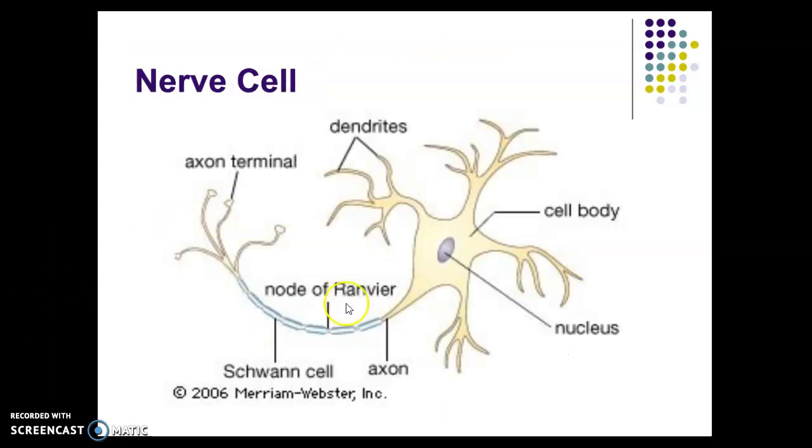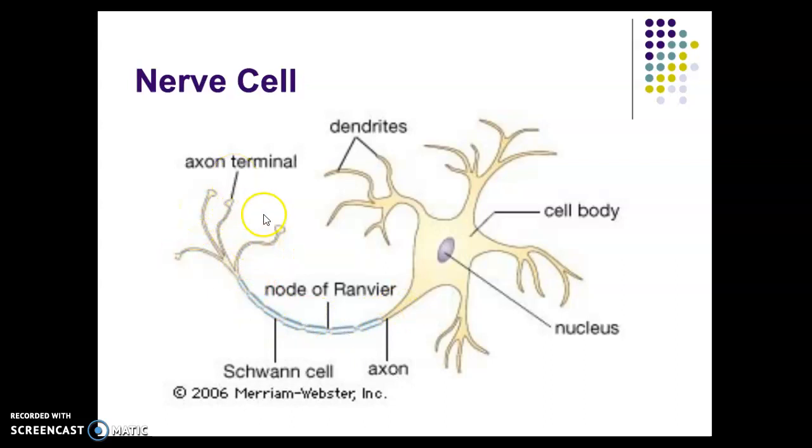Here we go. So this is a nerve cell, all right? This is a shortened version of it, because nerve cells are also called fibers like muscle cells because they're elongated. But there is this cell body here, and then there is this long thing called an axon, and then the axon will split into a bunch of different things called axon terminals.